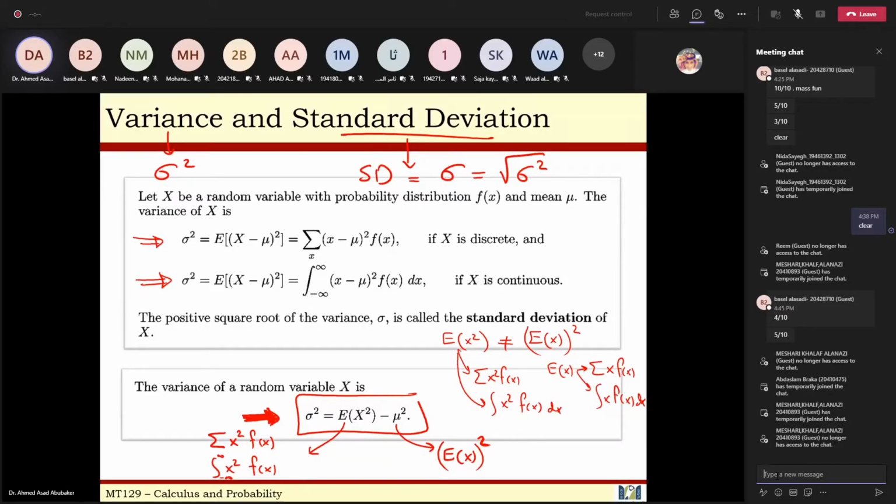Example to find the expected value and variance in case we have a probability mass function. Wait, I need a blank slide.